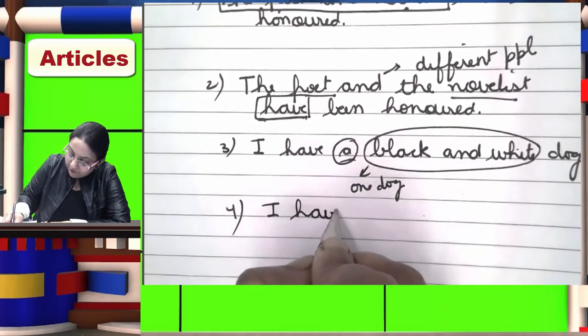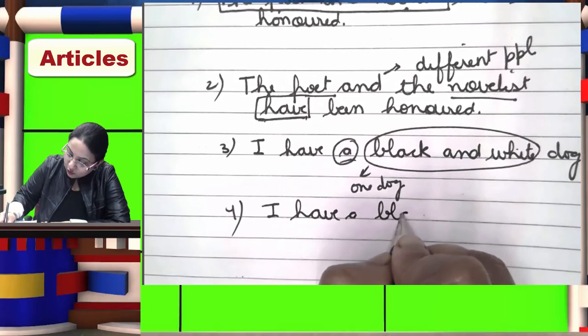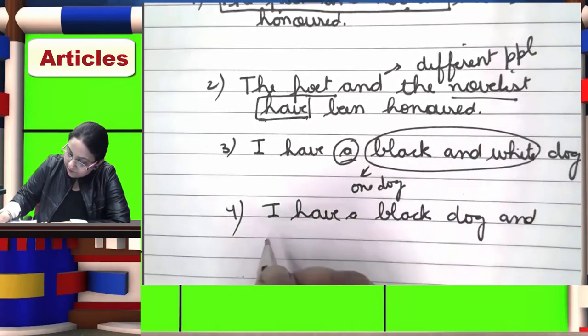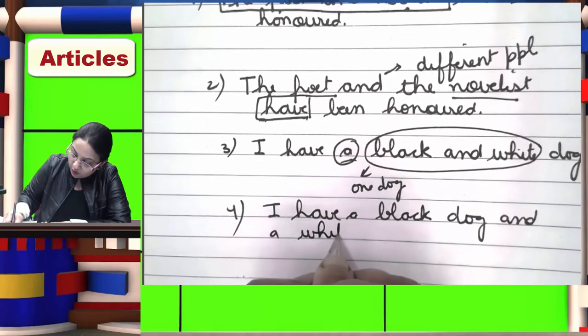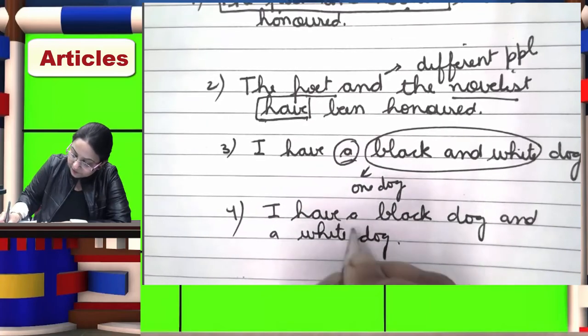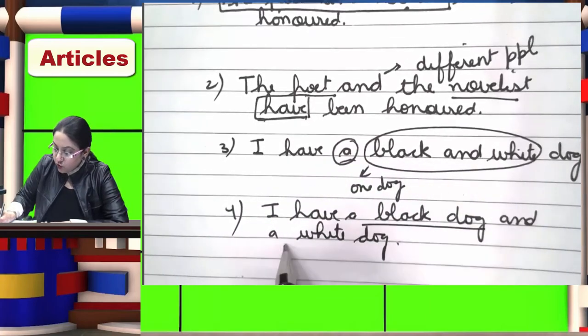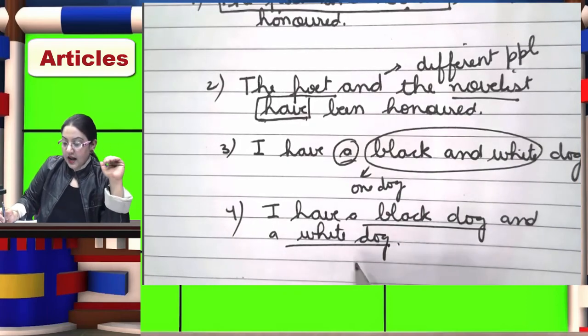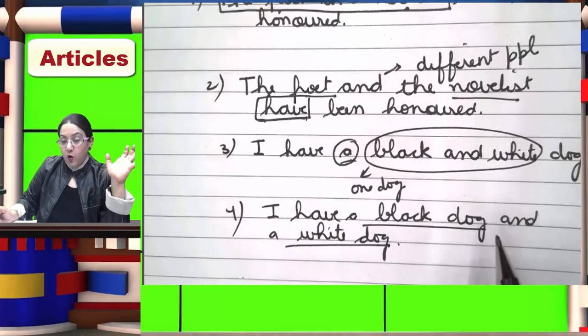Now if we say I have a black dog and a white dog, then here I am talking about two different dogs, right? I am talking about a black dog and I am talking about a white dog.